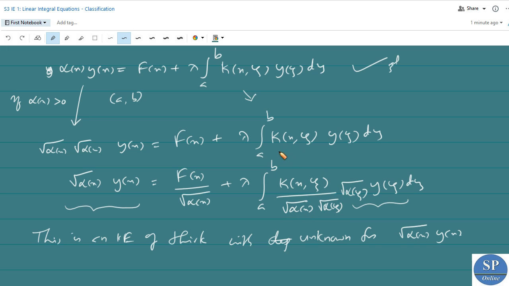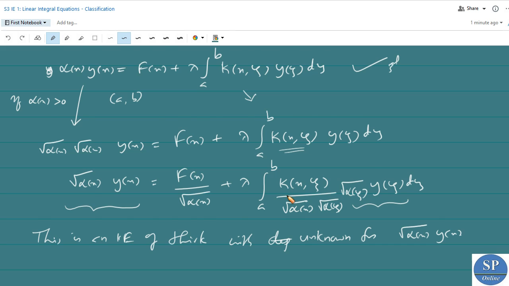We know the kernel is a function of x and the auxiliary variable zeta, so it's also a function of x and auxiliary variable zeta. So it is possible to convert an integral equation of the third kind into an integral equation of the second kind by redefining this unknown function and this kernel.